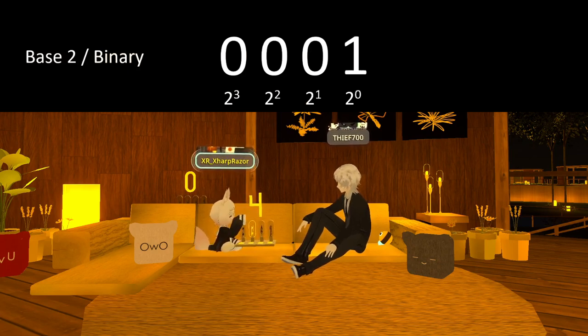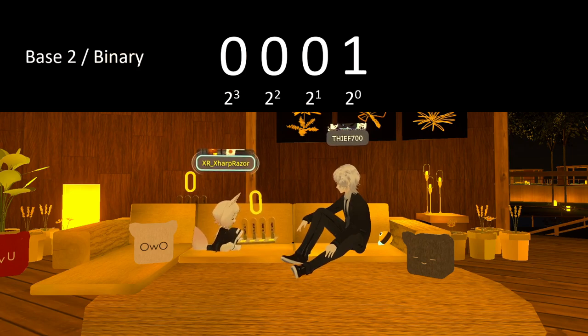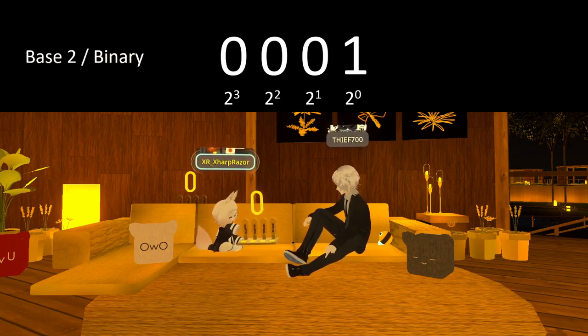We also have this one over here, and then 2 to the 3rd, which is 8. So basically, in binary, you're figuring out which bulbs to turn on or off to get the number you need. But there is actually a counting pattern.